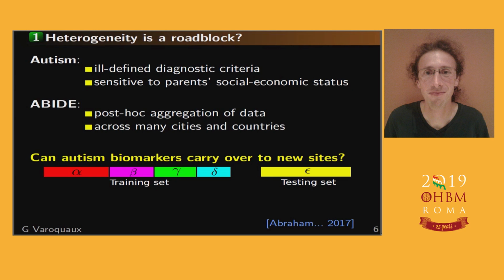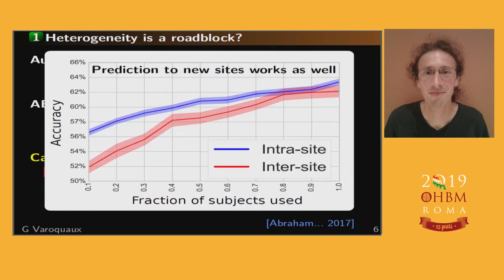You would expect to have difficulties there. And the answer is, if you have enough data, and the data needed was something like 1,000 subjects, but if you have enough data, then predictions to new sites works as well as prediction to existing sites. So basically, the predictions carry over to new sites in different countries.